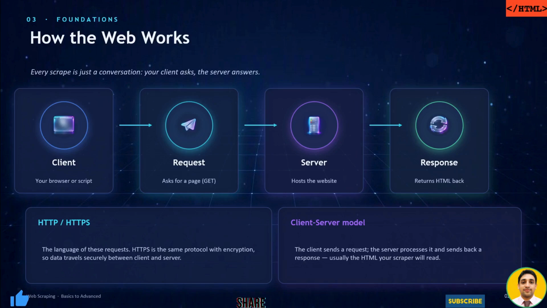This request is usually made using HTTP or HTTPS protocols, where HTTPS ensures secure communication through encryption. The server processes the request and sends back a response, typically in the form of HTML. Web scraping works by mimicking this process, where our program sends requests and reads the responses to extract useful data.